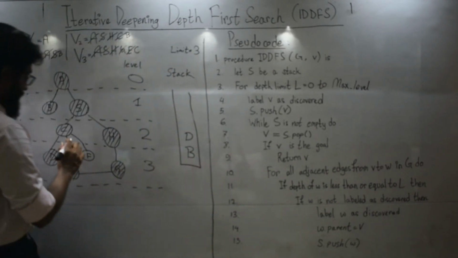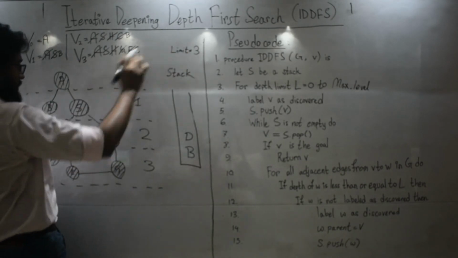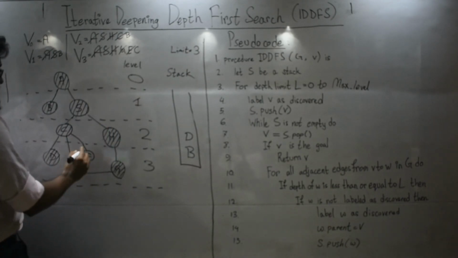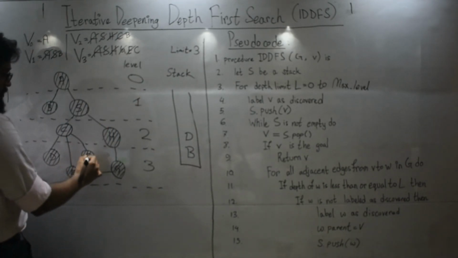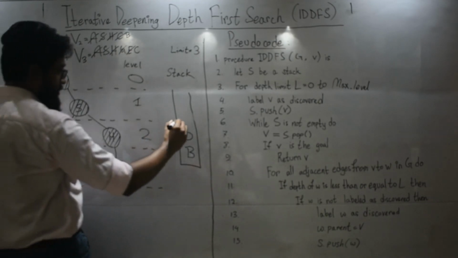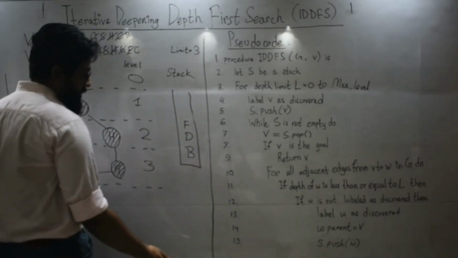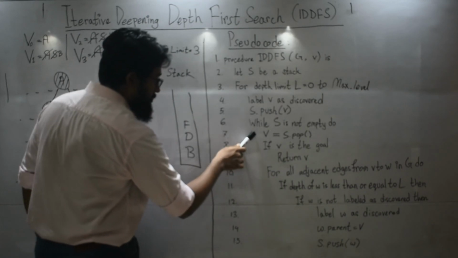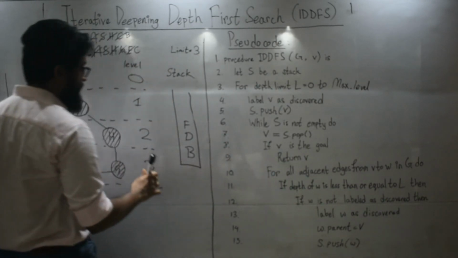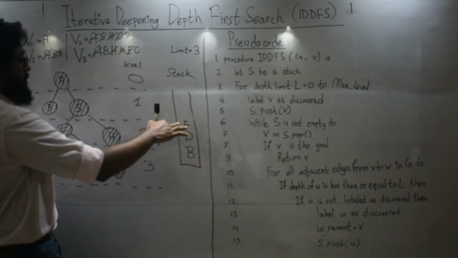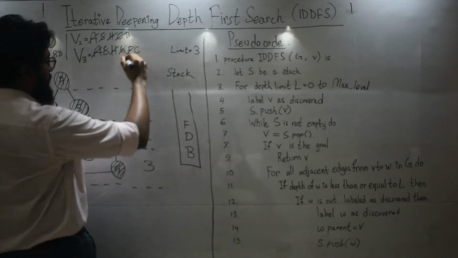Again, in case of F, it's within the limit and it's not been visited. So visit, push. Now we will come back to line number 7. Pop. Whatever is on top, it's F. Let's pop F.